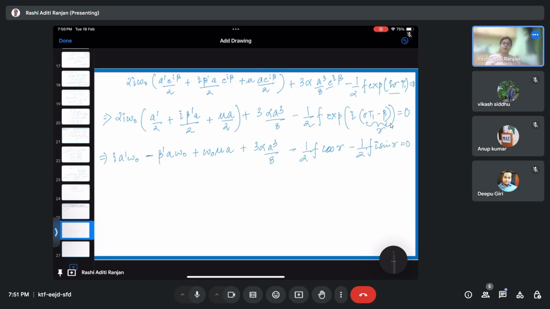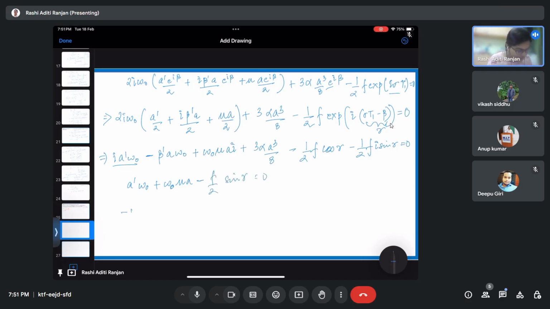Easy. Now let us just take the real terms, make it to 0, and take all the complex values and make it to 0. And then we'll see what we get. So first taking the imaginary values, we have a dash omega naught, then we have, there should be I over here also, to a and minus f by 2 sine of gamma is equals to 0.